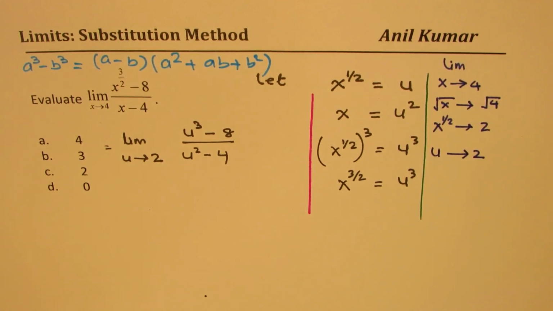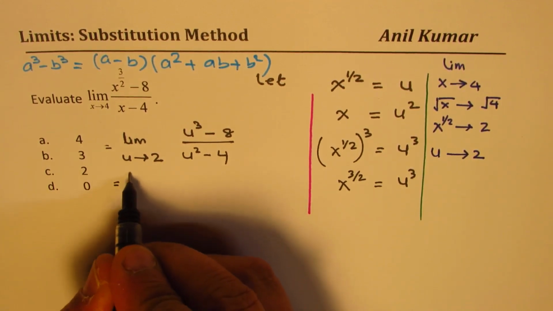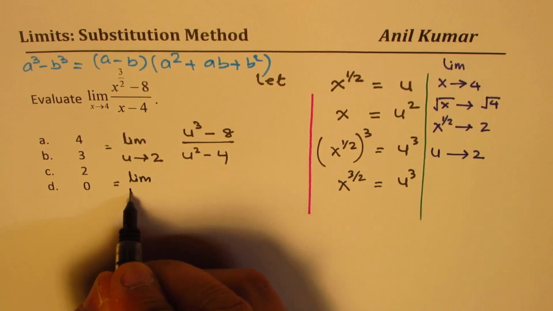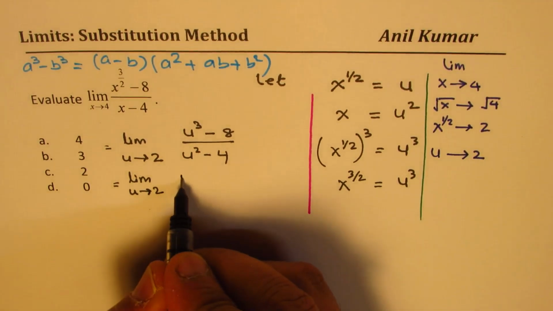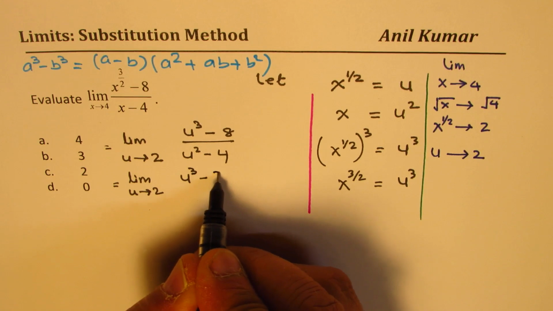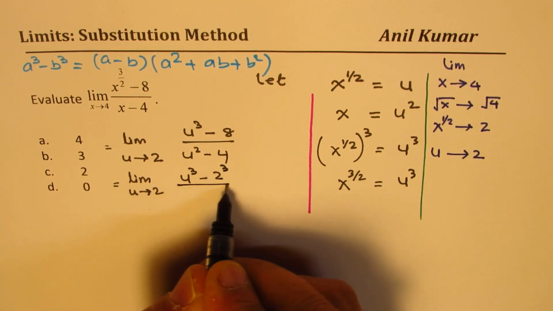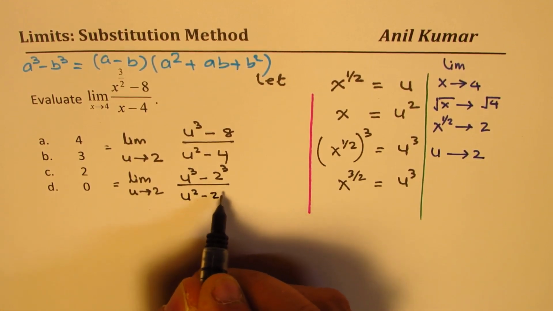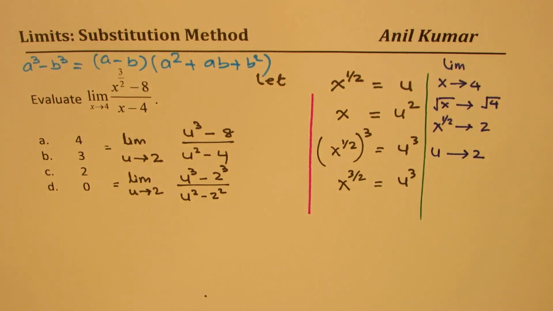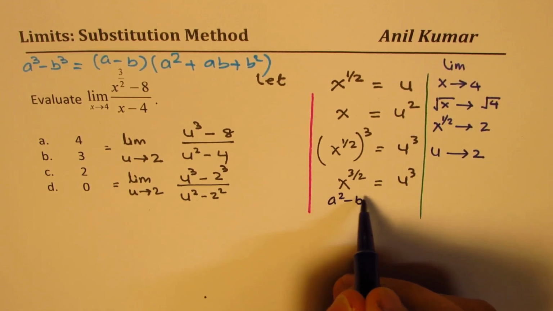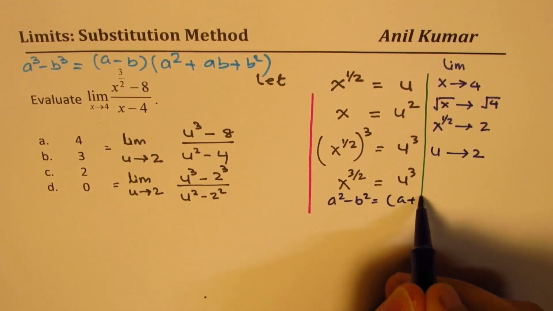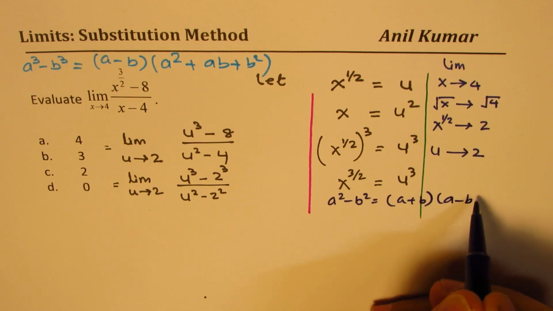Now, think like this. In this particular question, we have u cube minus 2 cube, since 8 is 2 cube, right? And u square minus 2 square. Well, I hope you remember what a square minus b square is. a square minus b square is a plus b times a minus b.